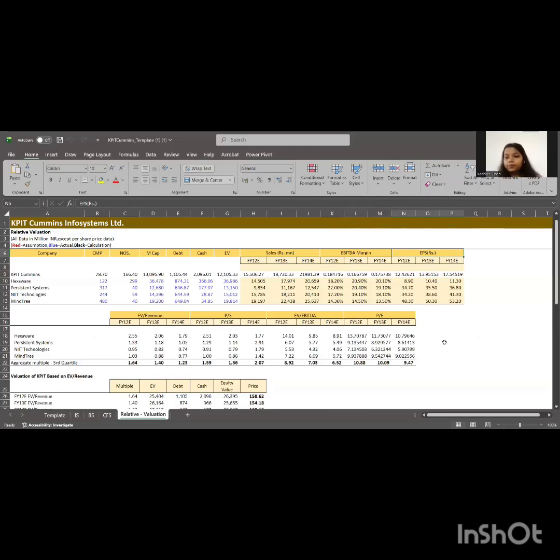A P/E of 24 means the stock is trading at 24 times earnings. In the first case, we compare it with the P/E of similar IT companies, its peers. If KPIT trades at 24 while its peers trade at 20x, it may be overvalued.